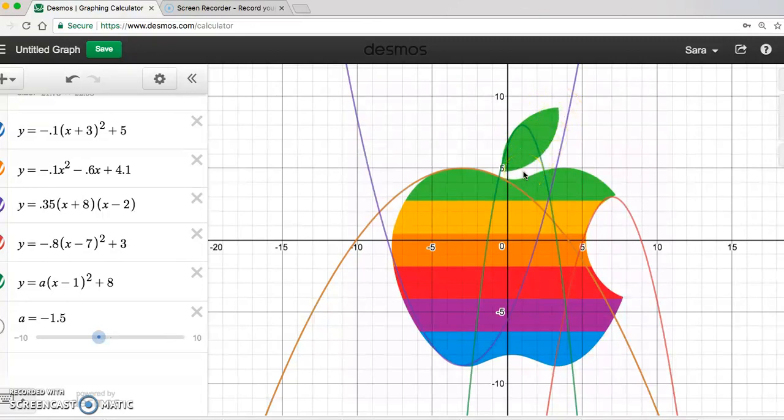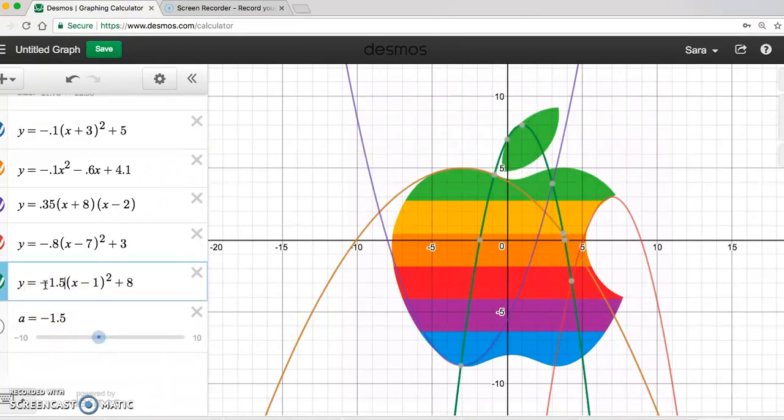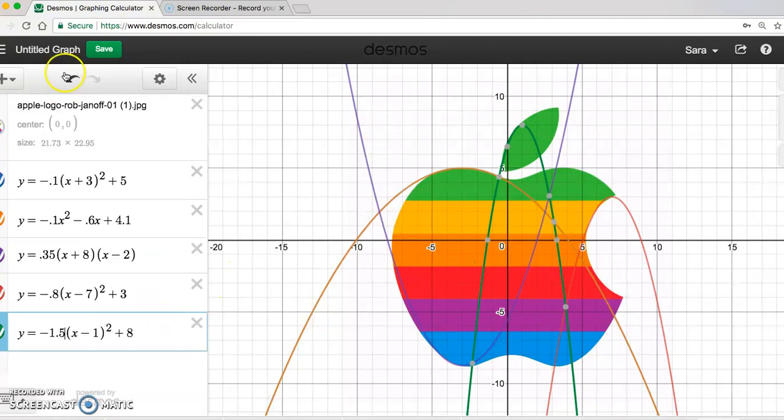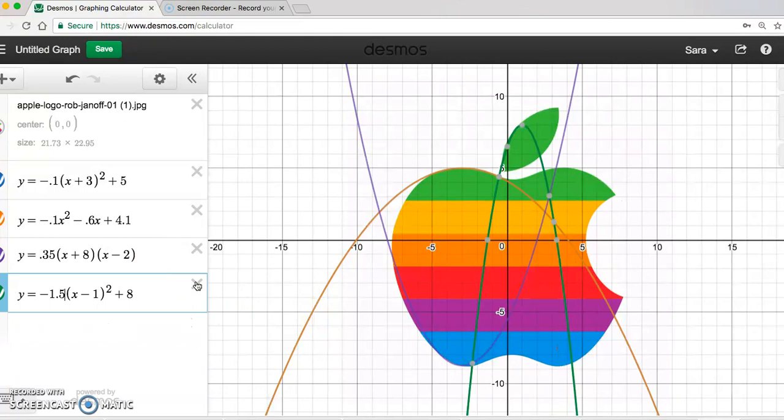So putting it all together, then if I move to my art paper, and I'll just put this A value in now, I would have all of these 4 types. I'd probably get rid of this one. And then I've had my one that is in all 3 different forms: vertex, standard, intercept, and then an extra.